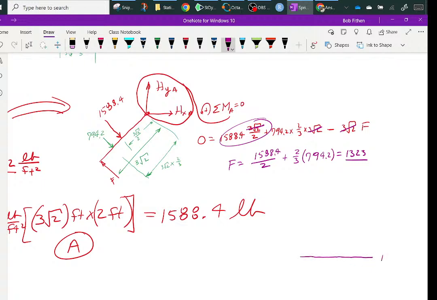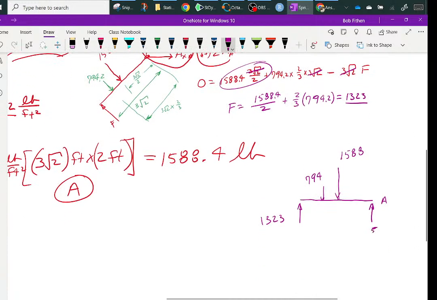So here's A, and here's what we found to be 1323, right? And then we had one that was 1588, and I'm so tired I don't need a decimal spot anymore. And then 794. Then I obviously have to have this add up with this.